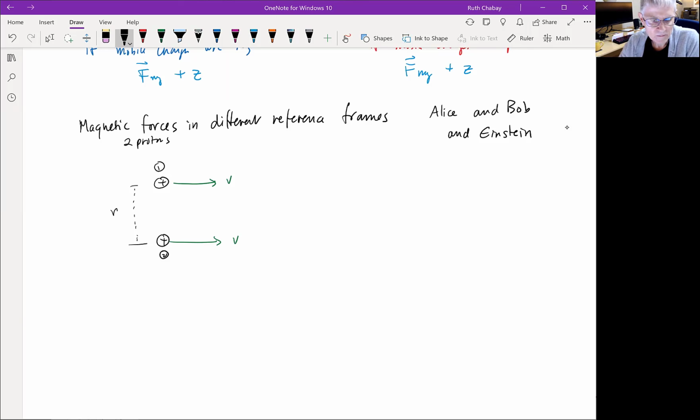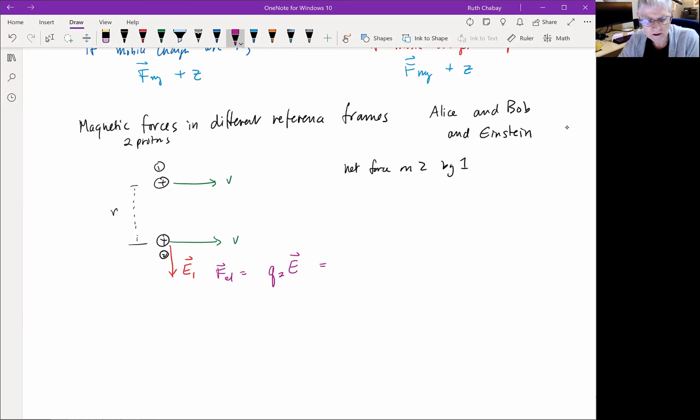So there's going to be an electric force and a magnetic force. So we want the net force on 2 by 1. So proton 1 makes an electric field down at the location of proton 2. And the electric force is just Q2 E1, right?